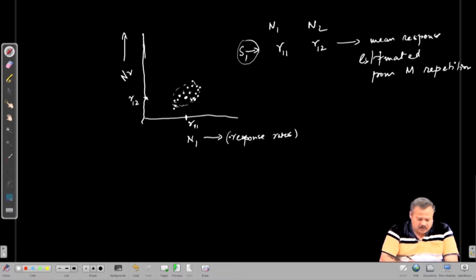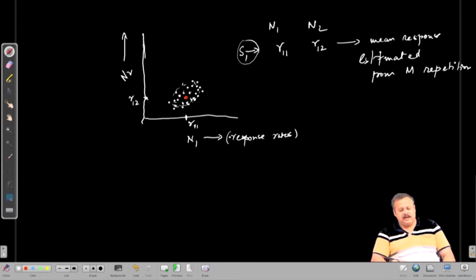This, in red, is the mean, and the white dots are the different repetitions. There are capital M dots, and each dot represents how the response of one neuron is related to the other neuron for that trial.